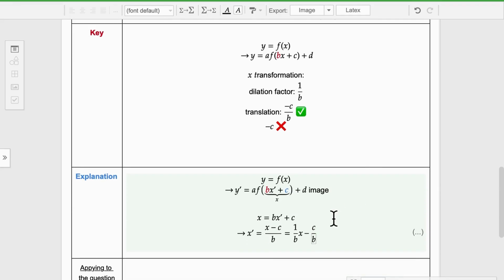So now we can see that this is the dilation factor of x, from the y-axis, and negative c on b is the translation.